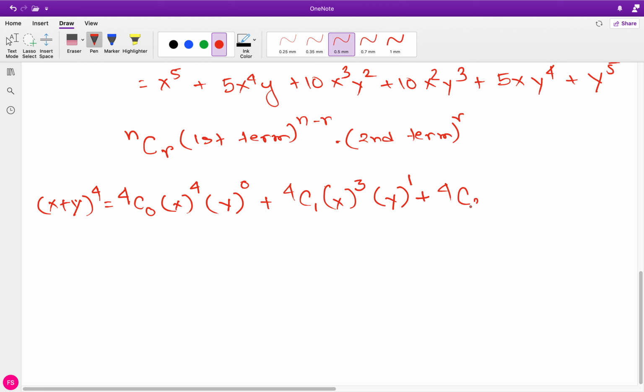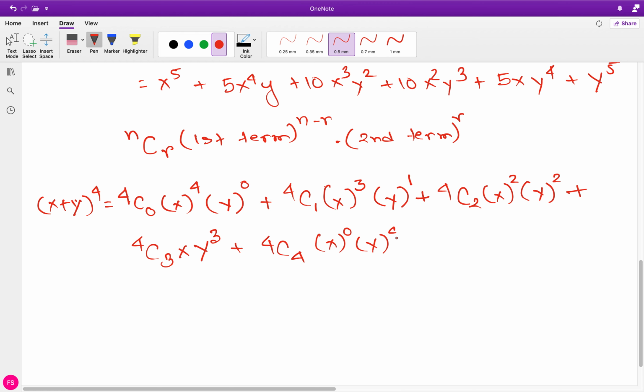Then 4C2 x to the power of 2 y to the power of 2, then plus 4C3 x times y to the power of 3 plus 4C4. You know you have to stop when you have the same number. So 4C4, that means this is my last term, x to the power of 0, which is just gone, and then y to the power of 4.